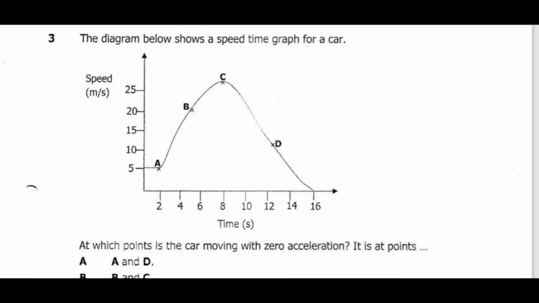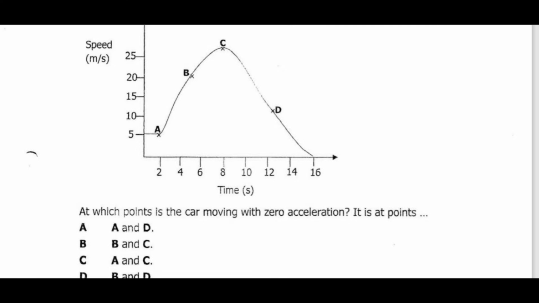Question 3. The diagram below shows a speed time graph for a car. Then at which points is the car moving with zero acceleration? So for us to have zero acceleration, we need to have the constant velocity. So from the given graph, which point or points can we tell that at this point the car was moving with a constant velocity?